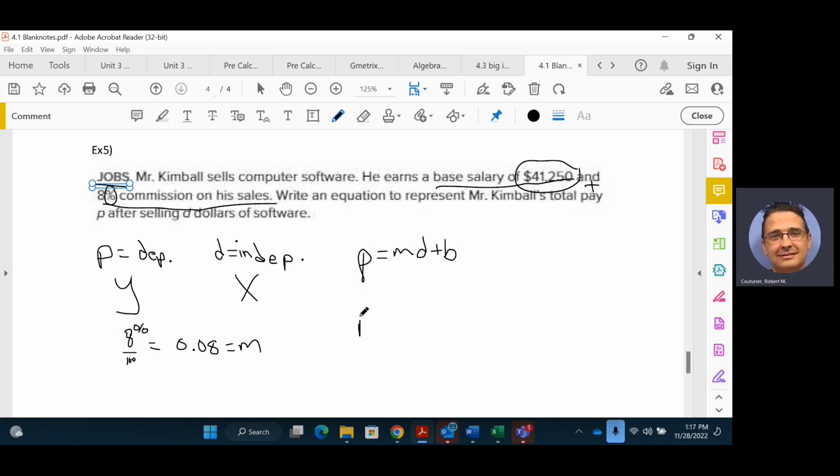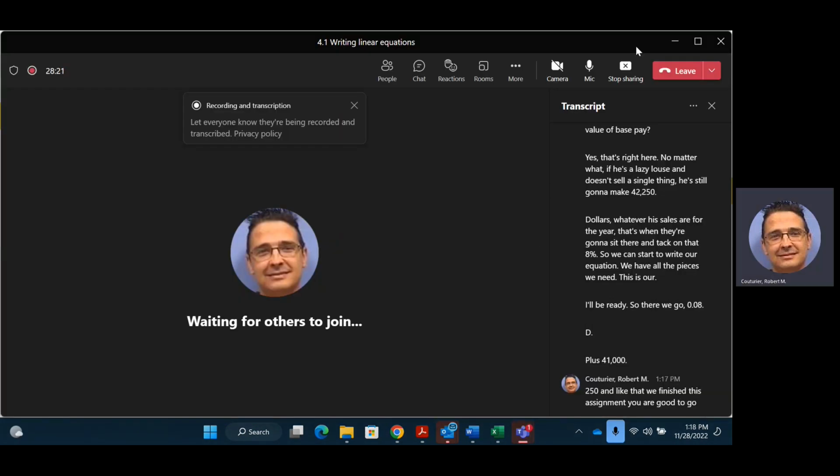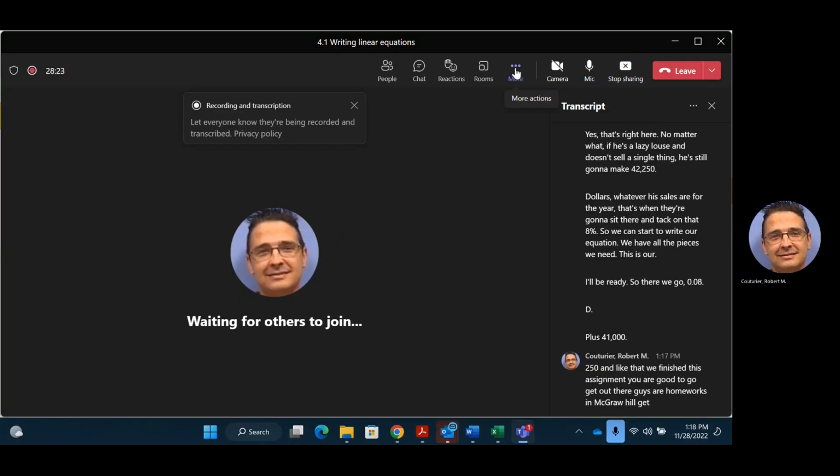So we can start to write our equation. We have all the pieces we need. This is our B. Ready? So there we go. 0.08 D plus 41,250. And like that, we finished this assignment. You are good to go. Get out there, guys. Our homework's in McGraw-Hill. Get it done.